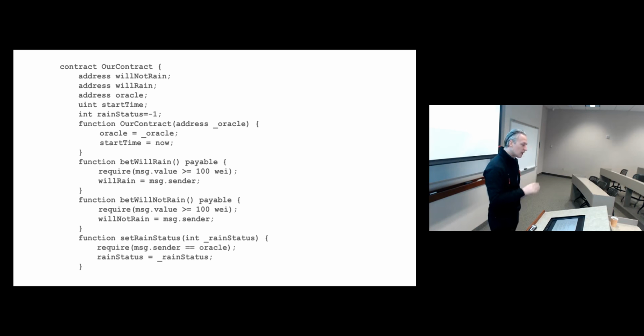We have another whole month to deal with this, so we'll get you ready. So, first of all, this is the contract. Open bracket, address of the puts in the address of the person who claims it will not rain for purposes of this bet.